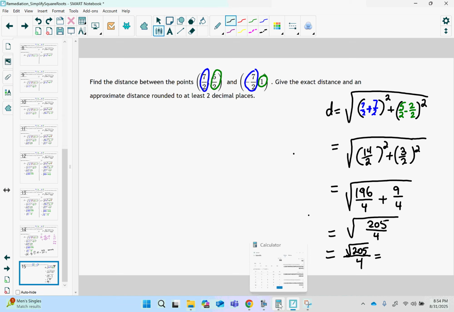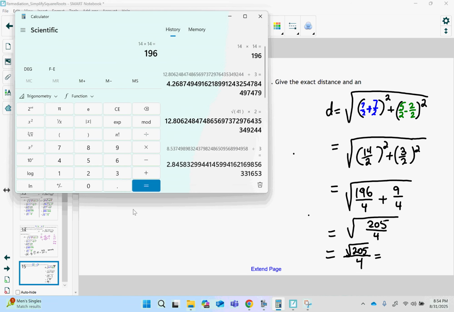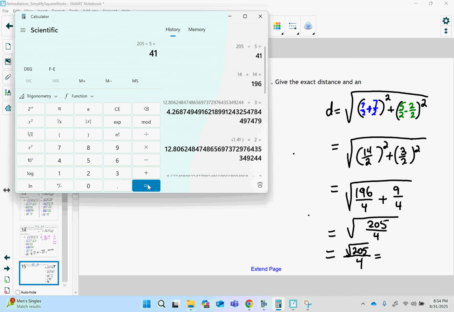So let's just start by taking 205 and dividing it by 5 to see what our other factor is. Some of you already know. Right, so I got 41. Aha, interesting. Kind of coincidentally, the same prime number that we had remaining under the radical in the previous example.